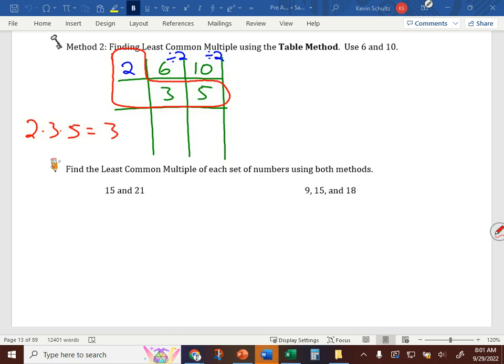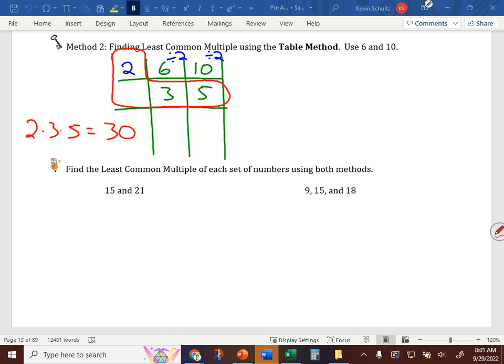The same 30 we got from the listing method up above. So the difference between the two table methods is that when finding least common multiple, you also multiply the numbers you've got left over. Greatest common factor is just straight down. Least common multiple, you make that L and you multiply everything.